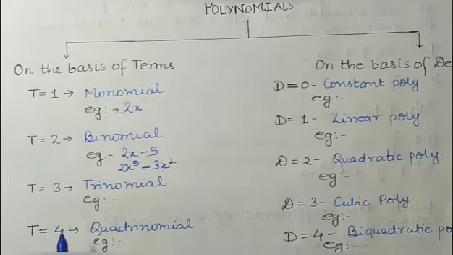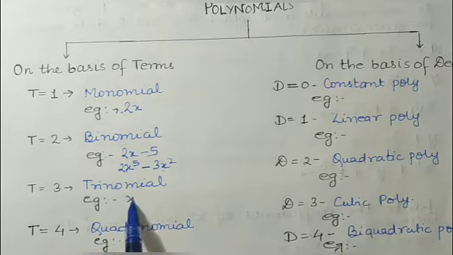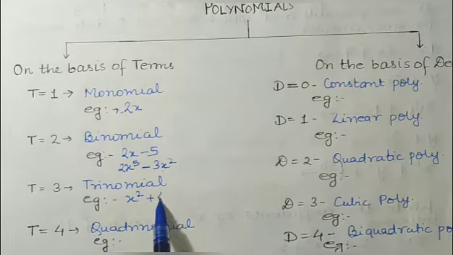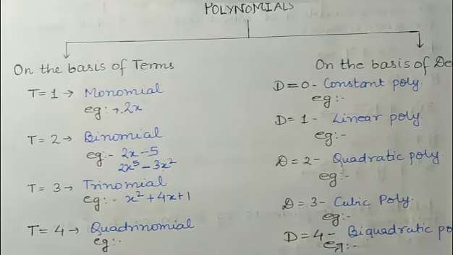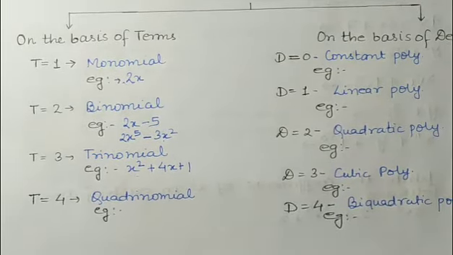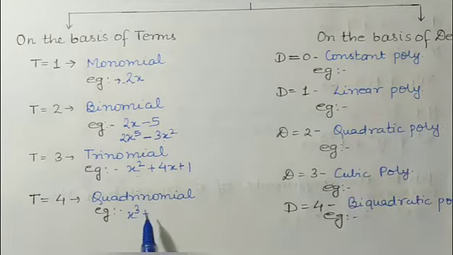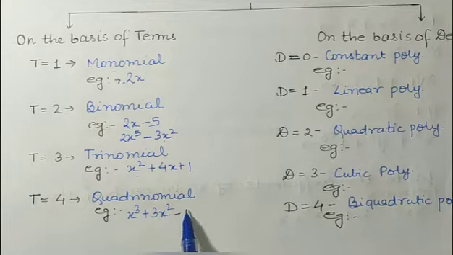Trinomial: if the polynomial is having three terms, then it will be known as trinomial, like x square plus 4x plus 1. This polynomial is having three terms, so it will be trinomial. Now the polynomial which has four terms will be known as quadrinomial, like x cube plus 3x square minus 2x plus 5.